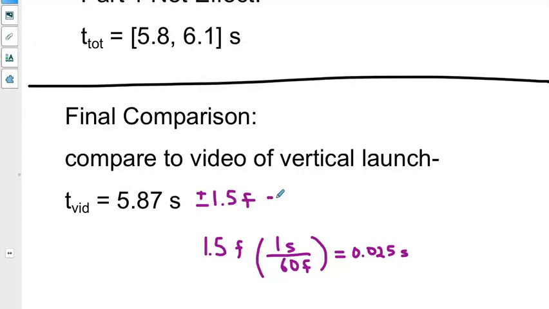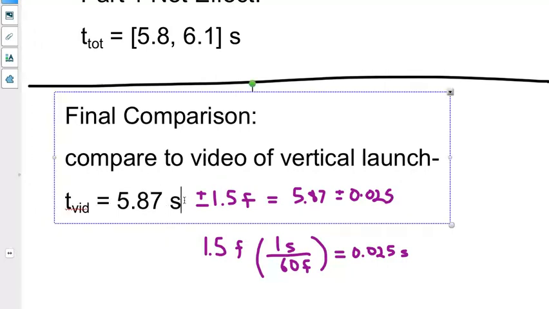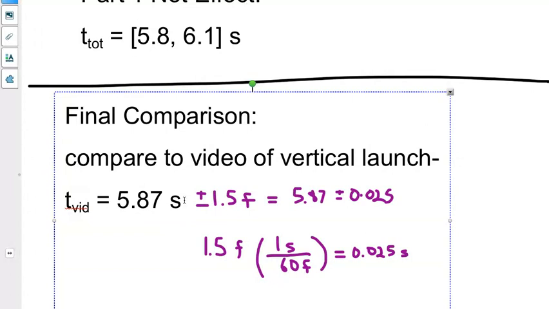So really this was 5.87 plus or minus 0.025. So we can write this now as a range. That's really the way you want to do this ultimately. So T vid equals, what's the range?